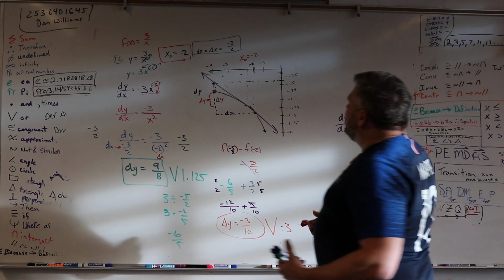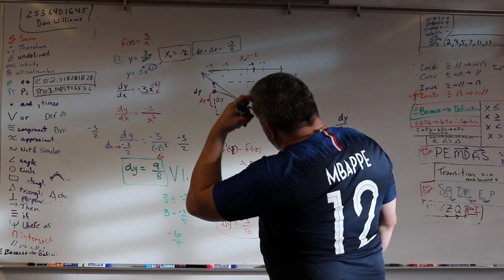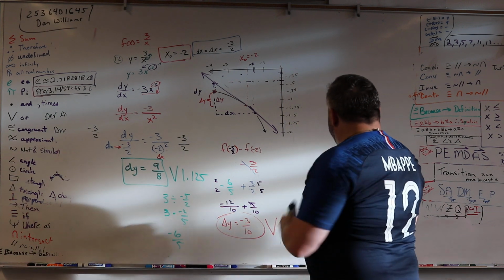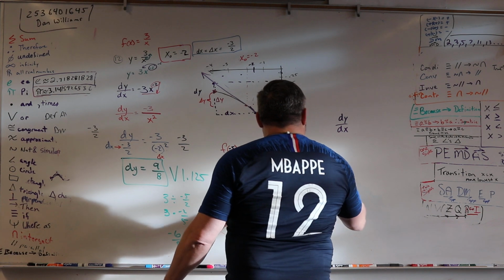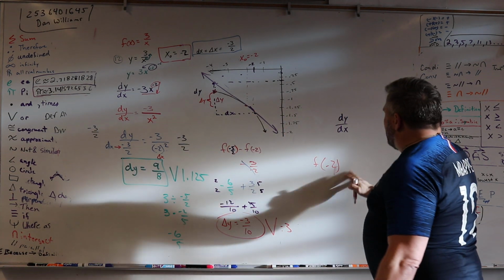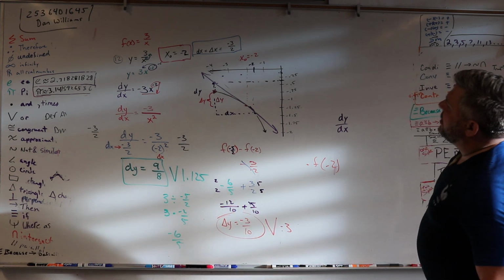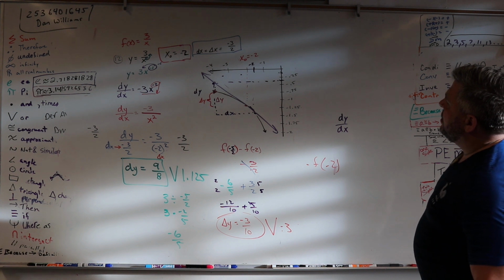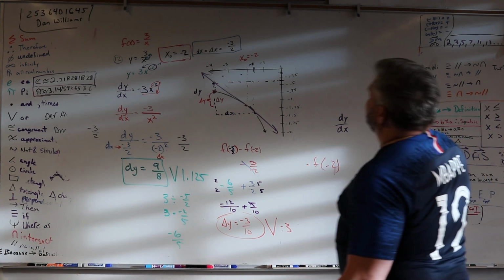Think, Dan. I'm plugging in negative 2, because that's my starting point. Okay, negative 2. So you plug in negative 2, f of negative 2. That's your starting point. That's also going to be subtracted from, and when I add it, it's going to be negative 3 over 2 plus negative 2.